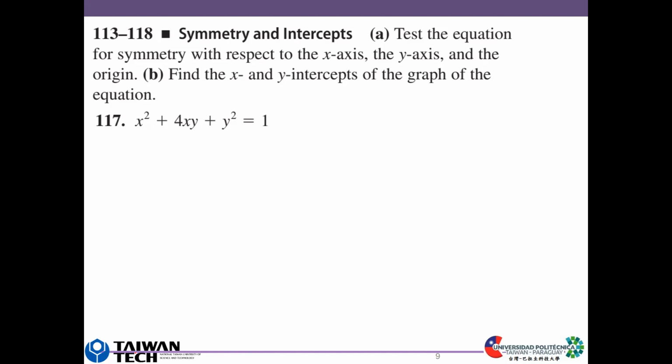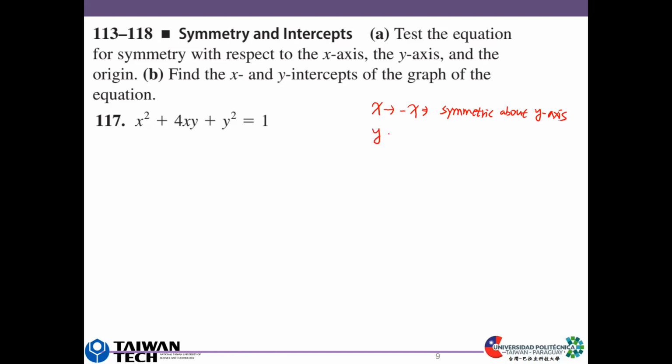Okay, so to remind you, if we replace x in the equation with minus x and the equation is unchanged, it means the graph of this equation is symmetric about the y-axis.